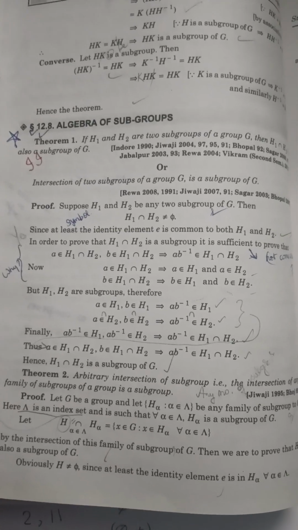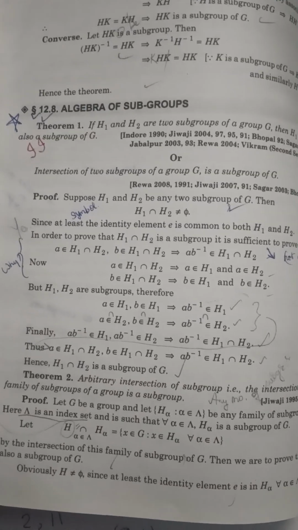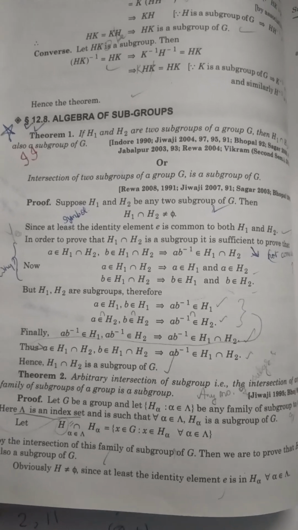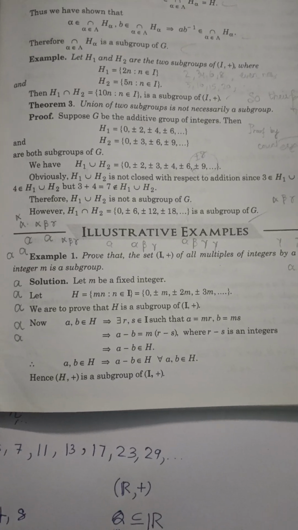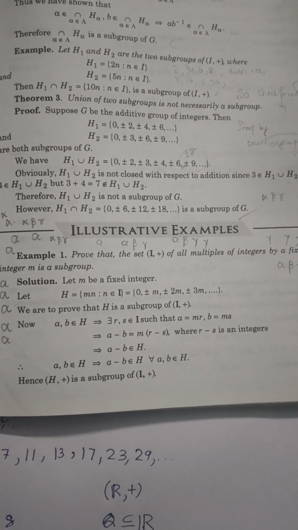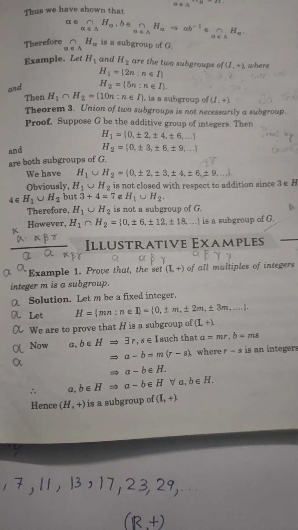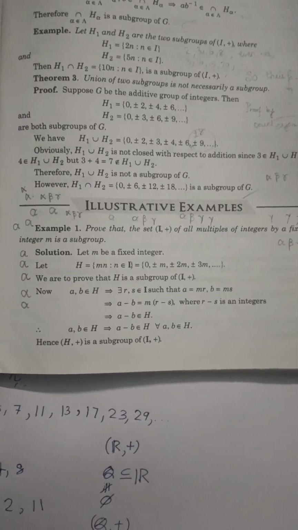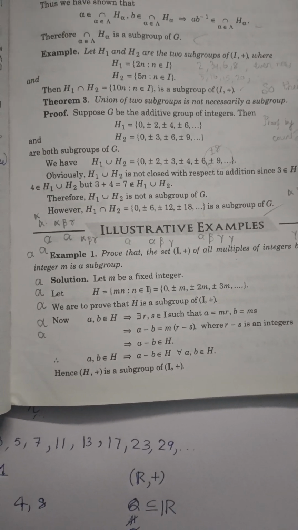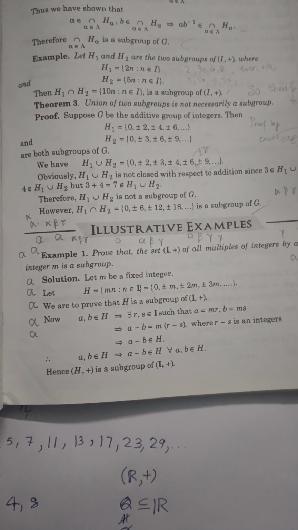That is, any number of subgroups when intersected give you another subgroup. You must know this theorem also: the union of two subgroups is not necessarily a subgroup. For intersection you have this theorem, and even for arbitrary intersection too, but for union it is not applicable.